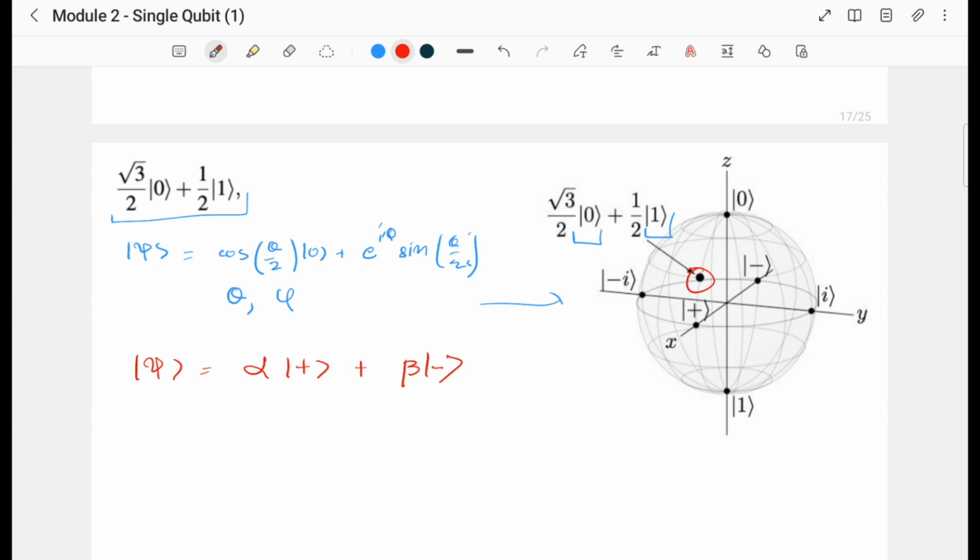It will still be at the same position on the Bloch sphere. So now we will try to measure this qubit across 4 different bases. Our first basis will be simply the z basis.